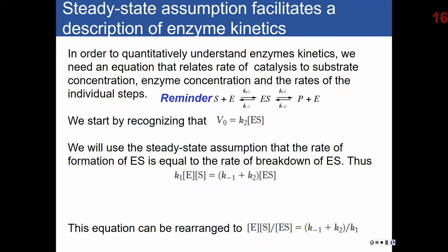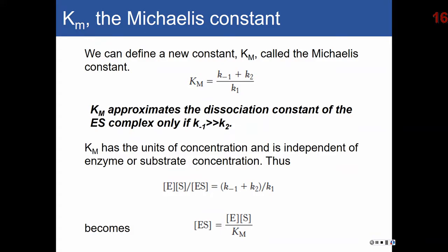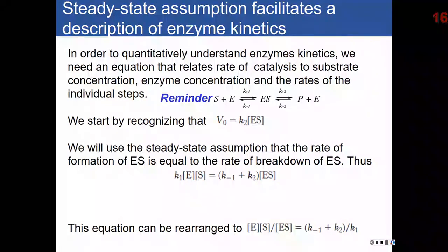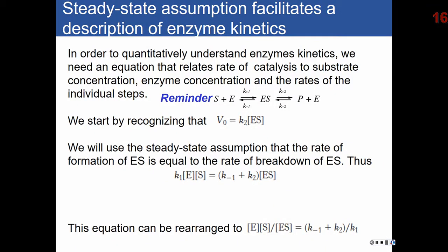Km is the rate at which we get the transition state going backward to enzyme and substrate, plus the rate at which it goes forward to product and enzyme, divided by the rate at which it's produced from the substrate and enzyme. So that's down here. That's Km. That means that Km is equal to the concentration of the enzyme times the concentration of the substrate divided by the concentration of the transition state. Because this is Km.